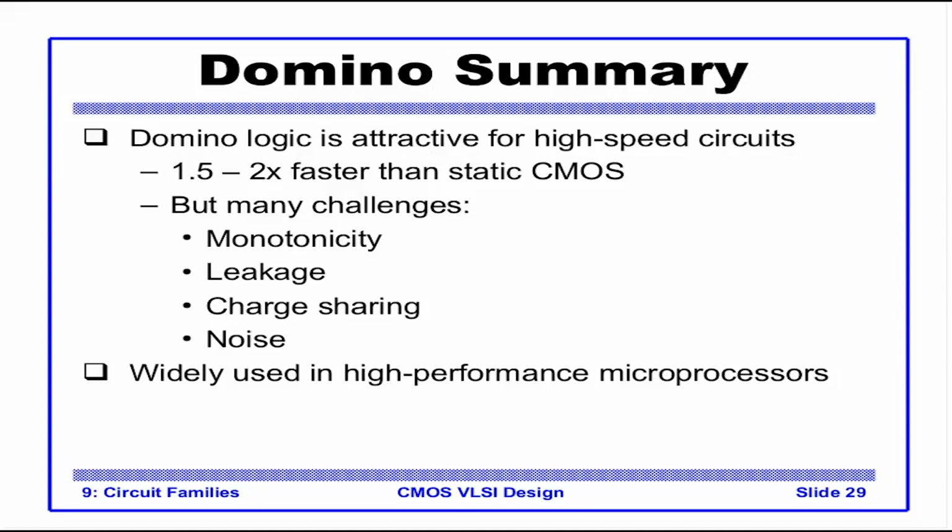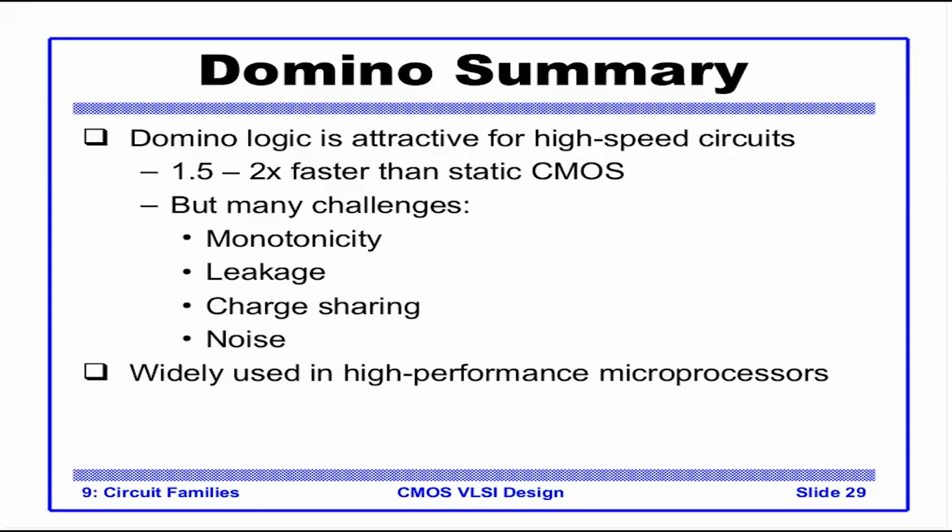Summarizing, we saw two logic families, pseudo NMOS and dynamic or domino. Both strive to achieve higher speeds by getting rid of the pull-up network, since the pull-up network, or PMOS, is the major source of input and output capacitance. Pseudo NMOS suffers from a power issue and therefore is not in use anymore.